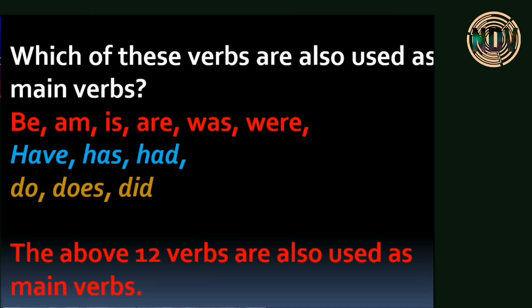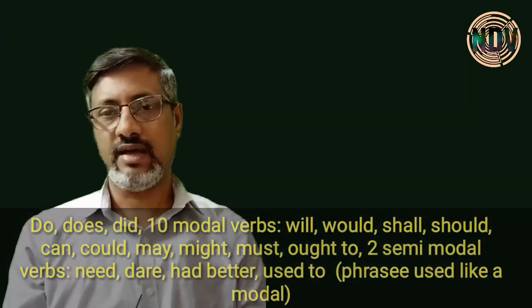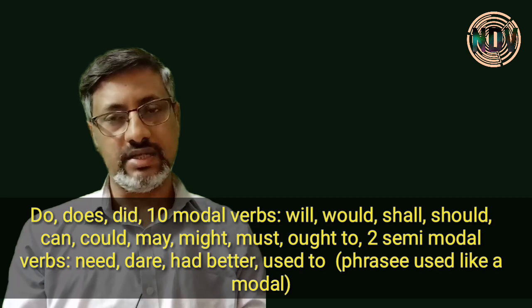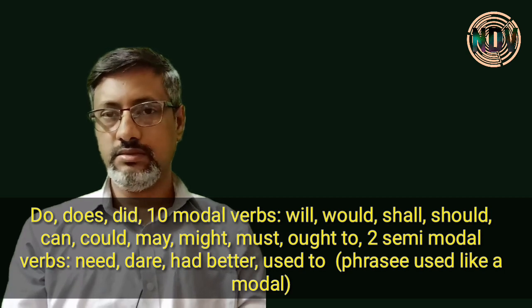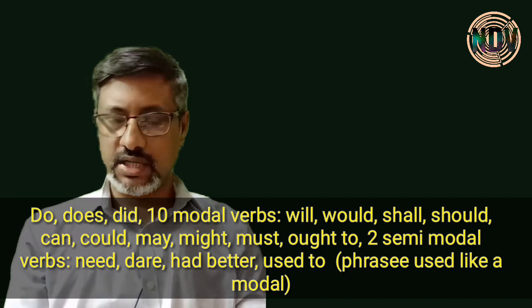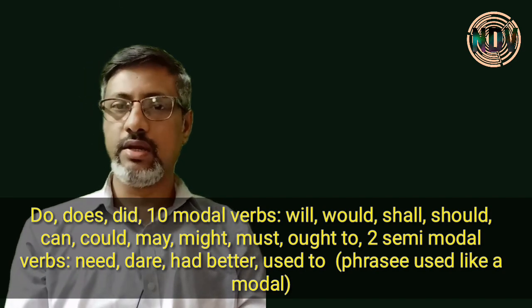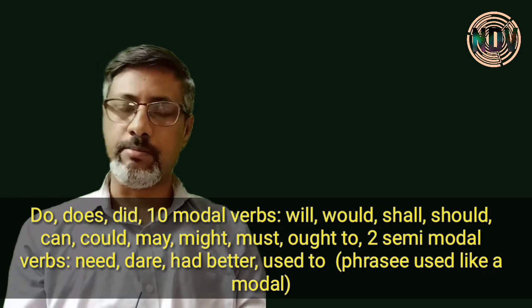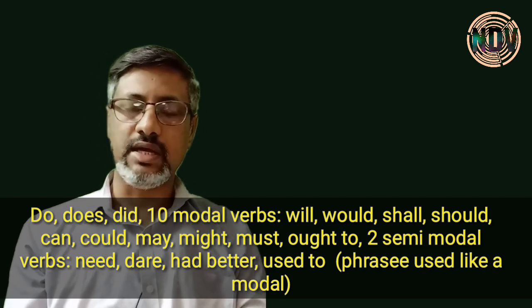So these 8 verb forms of be verb, then have, has, had, and having, these 4 verb forms of have. Then we have do, did, does. These are from the do verb. We have 10 modal verbs: will, would, shall, should, can, could, may, might, must, and ought to.